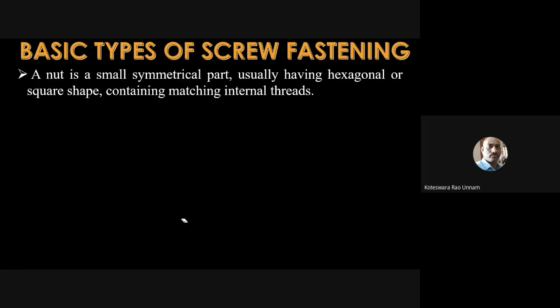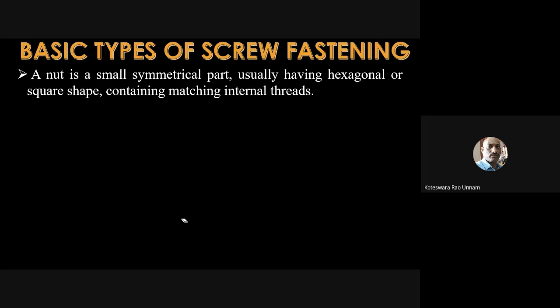Then this is the definition for a nut. A nut is a small symmetrical part, usually having hexagonal or square shape and containing matching internal threads. As already told, a nut will have internal threads. So that too, matching. What is the meaning of matching internal threads?